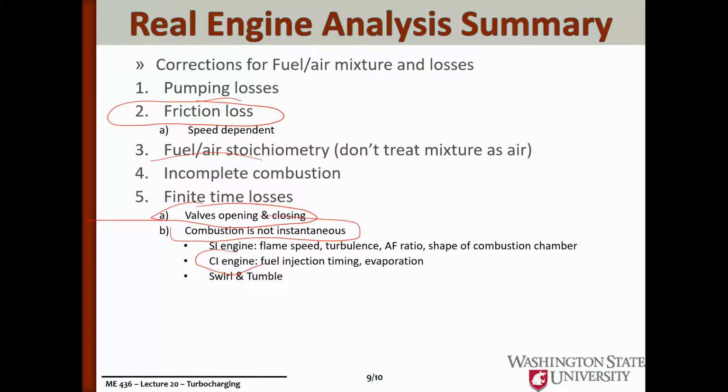We talked about swirl and tumble and how they increase the turbulence and the mixing so that you have a faster combustion. We talked about blowdown losses, or just about blowdown in general, and today we talked about how a turbo can take advantage of some of that work potential in the blowdown. We talked briefly about blow-by loss.